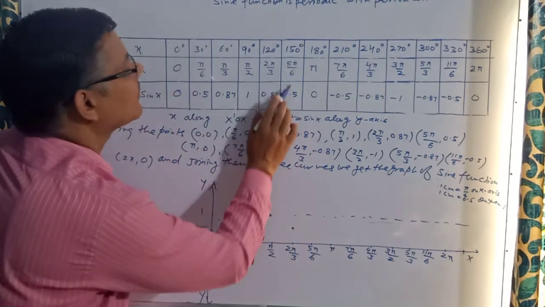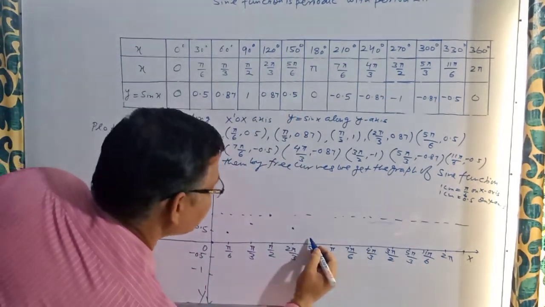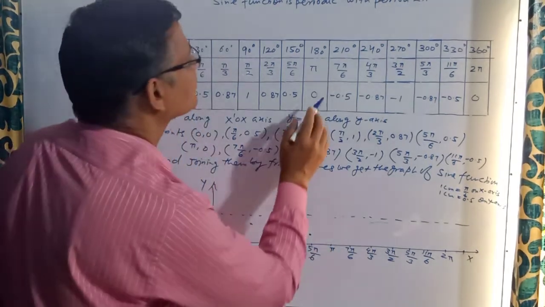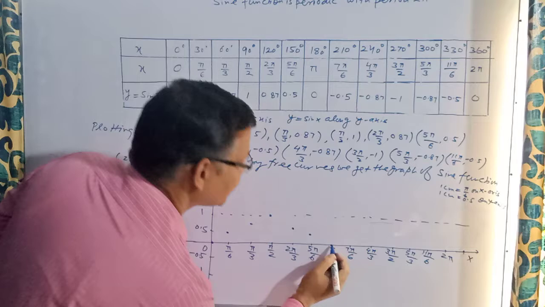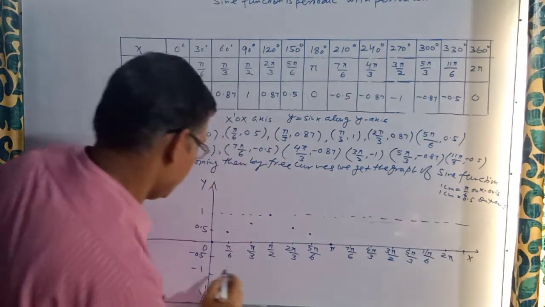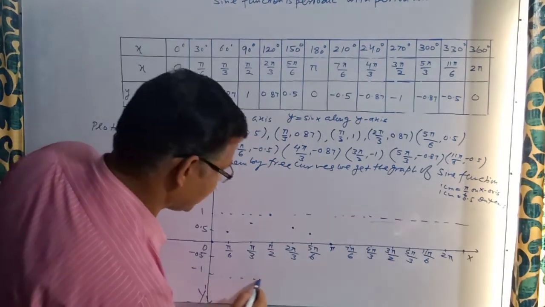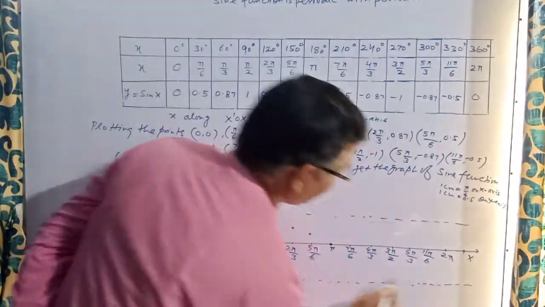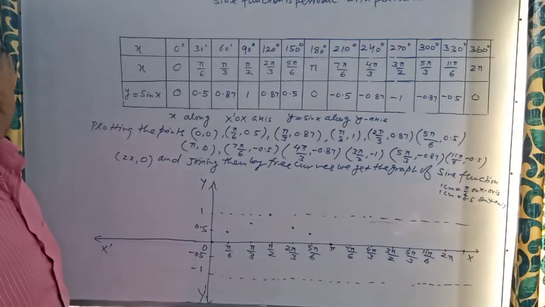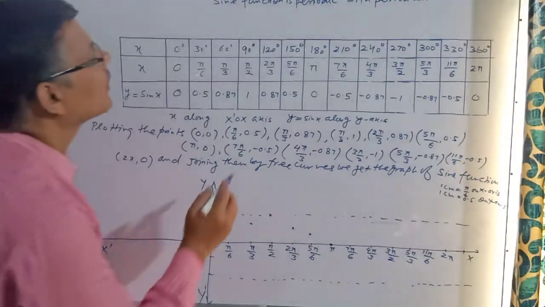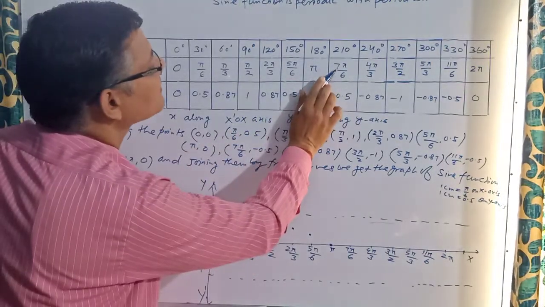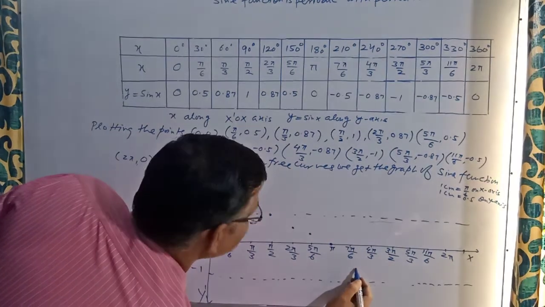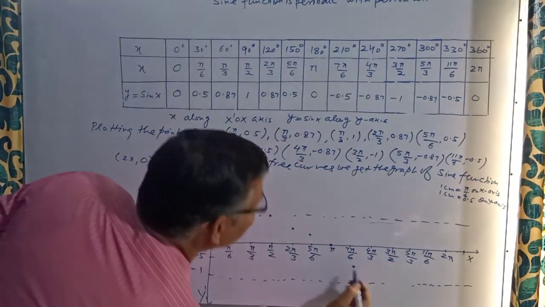What is 5 pi by 6? Again it is 0.5 here at this level. Now what about pi? It is 0. Now in this side, this is the line of minus 1, and in between there is the line of minus 0.5. So below x-axis, this is 7 pi by 6, minus 0.5.